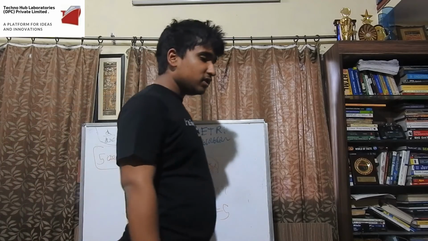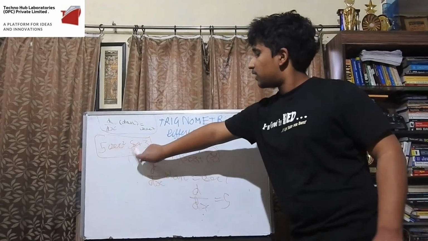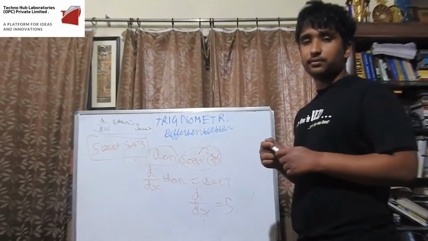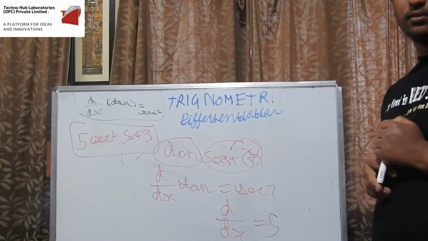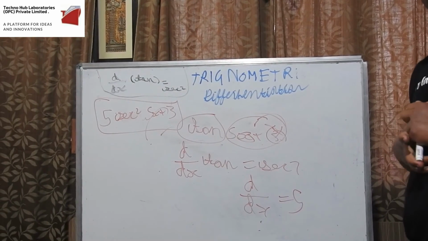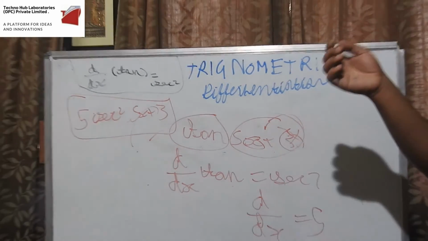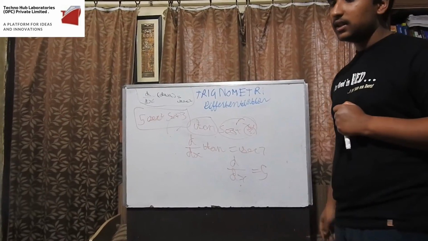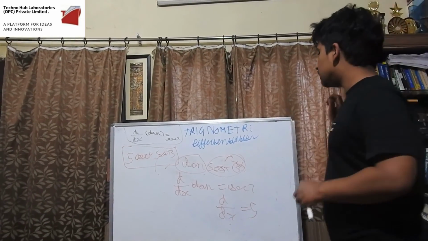Please have a look at this question, how we have done this. This is the format of the final answer. I hope you have all observed this answer and noted it down somewhere. Now we'll continue with the other three.